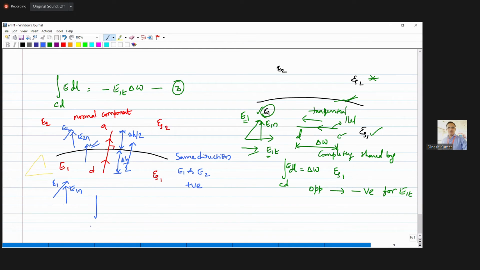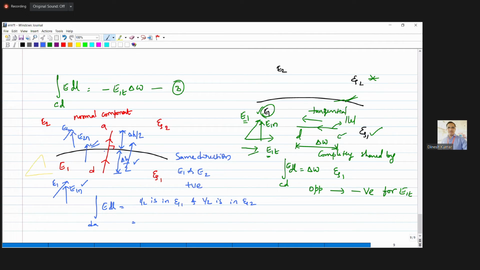So for the integral of E dot dl, half is in epsilon1 and half is in epsilon2. With respect to epsilon1, the value is E1n delta H by 2.